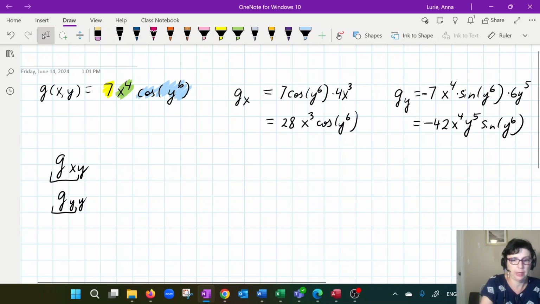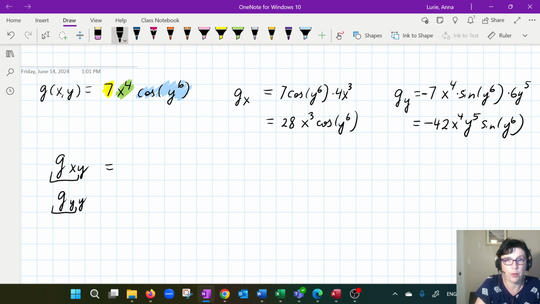All right, so let's see if we can compute them. So first, we've just found the derivative with respect to x. Now we're going to find the derivative with respect to y. And again, we think of 28 as a number, right? It's a constant multiple. And because we're taking the derivative with respect to y now, x cubed is going to be a number. So let's keep it. So 28 x cubed, we keep.